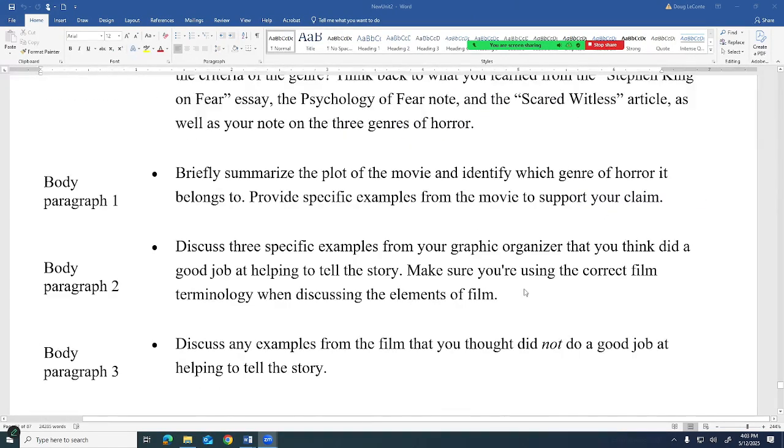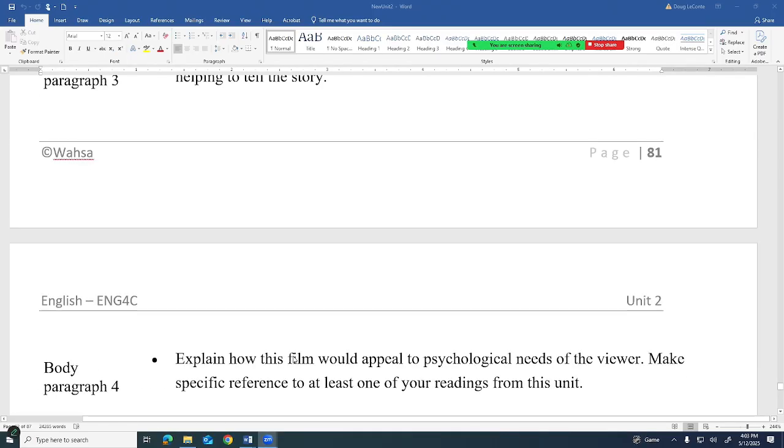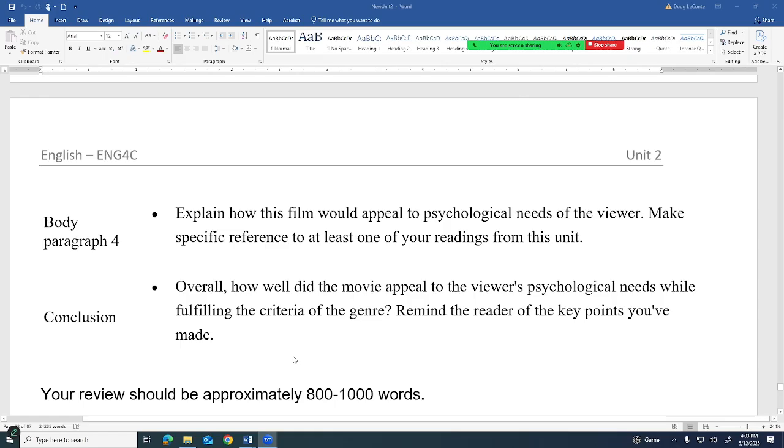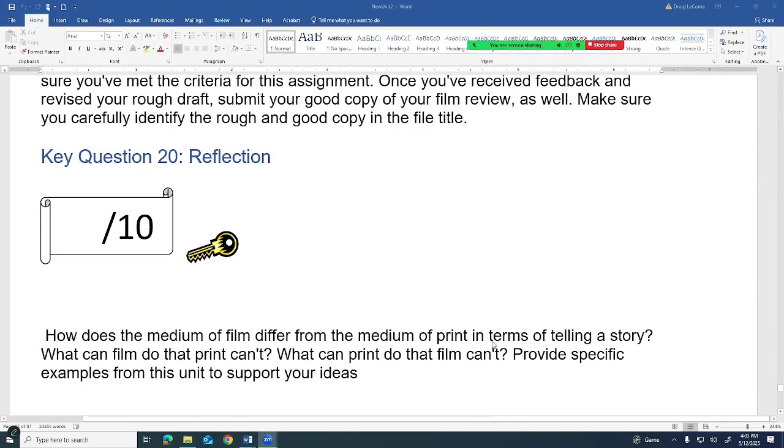So basically, we have an introduction, three body paragraphs, actually four body paragraphs, if we spin down to page 82, and then the conclusion. One of the requirements is that the review should be approximately 800 to 1,000 words. And then there's a reflection question.